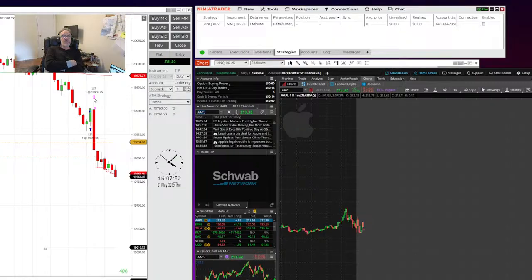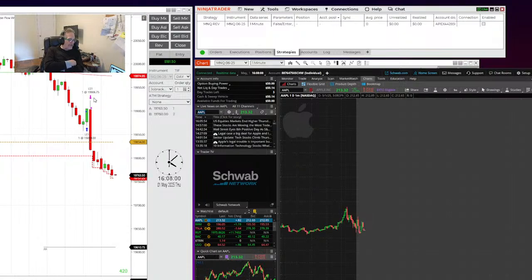Minimum it moved was 65 plus 50 because I had a 50 tick target and a 65 bracket. That was a long trade first. And if you didn't protect your account with a stop being moved, that could have hurt, right?